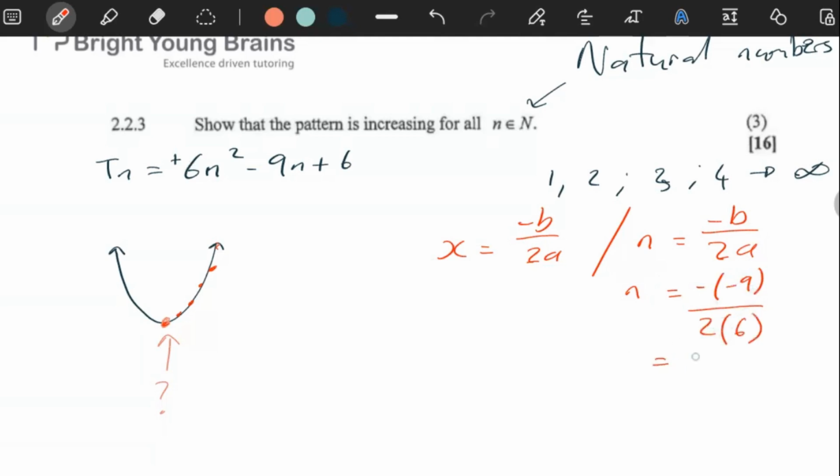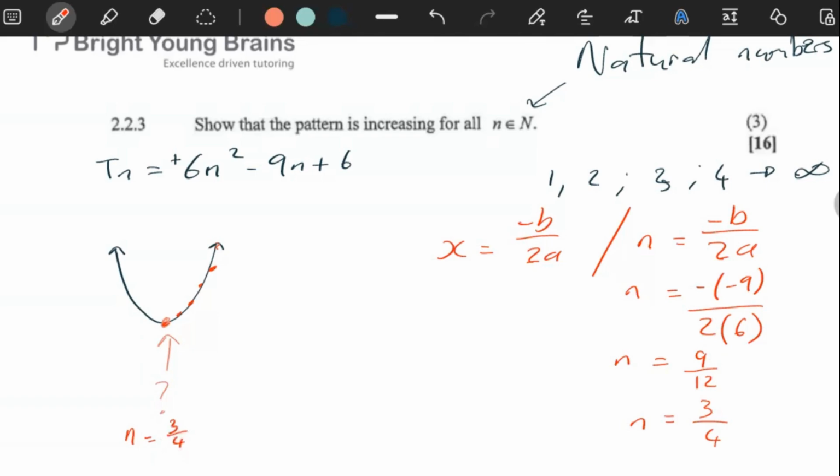This is going to give you 9 over 12. If you simplify this as best as you can, it gives you 3/4. So clearly, your turning point is where n is equal to 3/4.